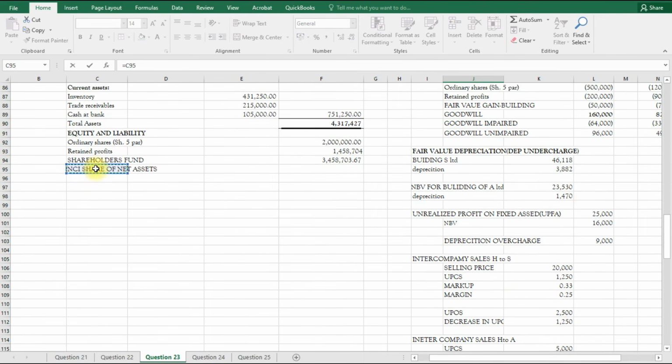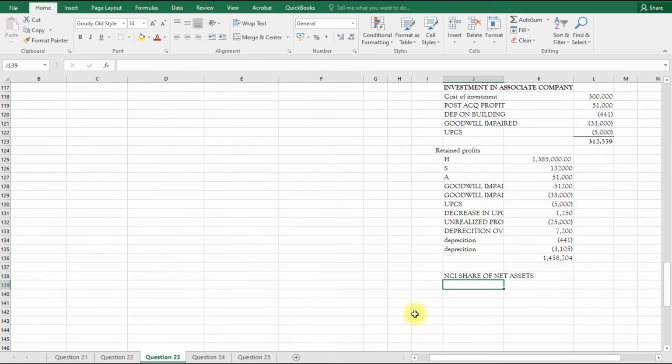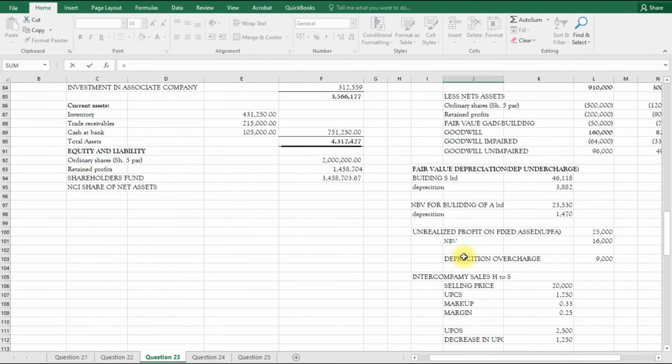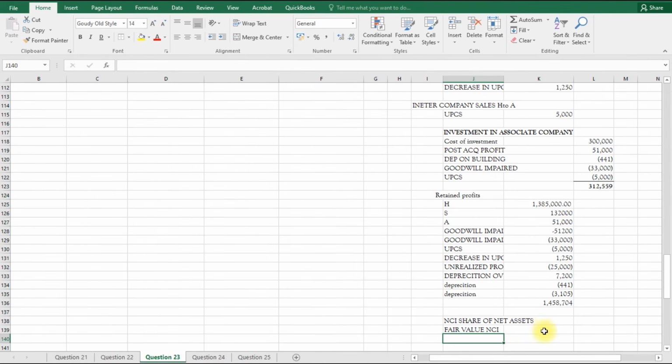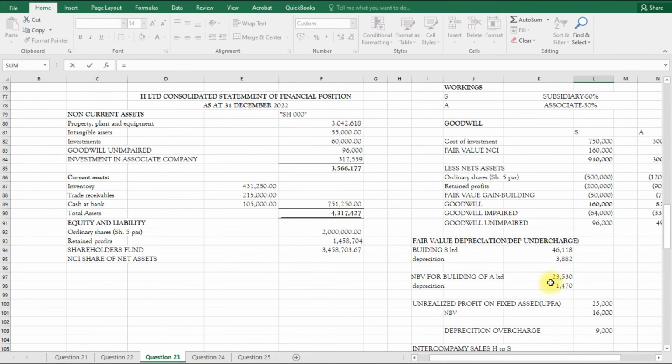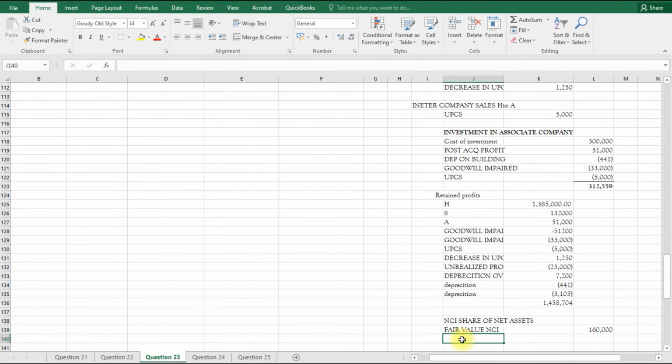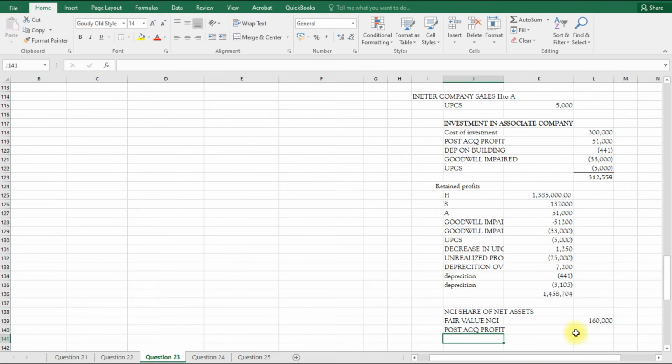NCI share of net assets, and we start with the fair value NCI. We had it somewhere here, fair value NCI, and the value of the fair value NCI we had was 160,000. We had the post acquisition profit.